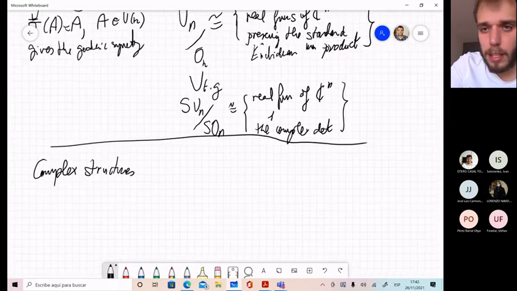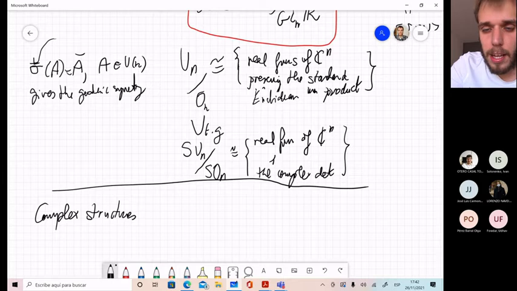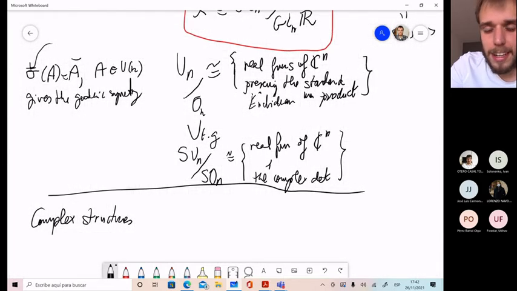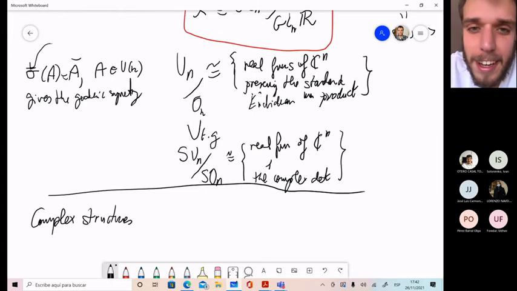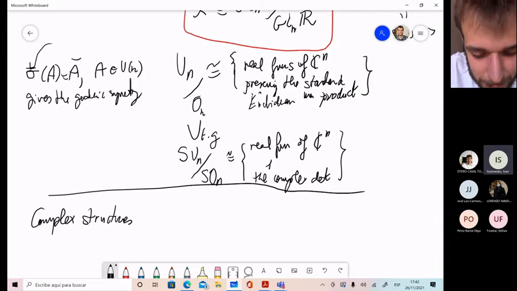Yes, but you are right. I thought about that, and at the end I don't know why I wrote Hermitian, but yeah, it has to be Euclidean. If you just take the standard conjugation, which is the standard real form, it does not preserve the Hermitian inner product. That's what I want to say.